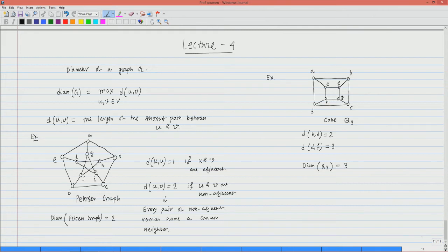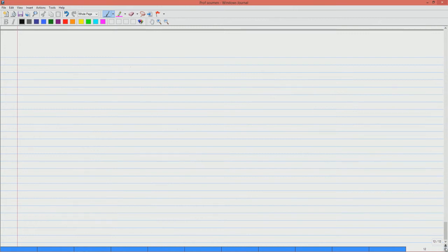Next, we prove a result, a theorem related to the diameter of a graph.